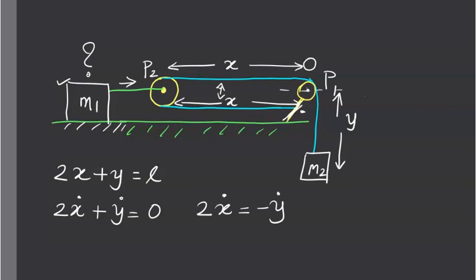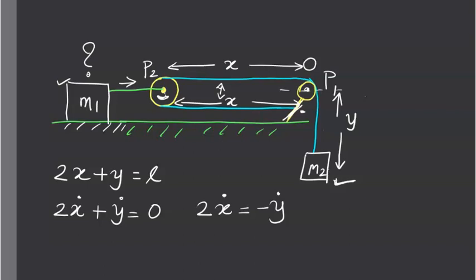So what do we infer from this? What we see here is that the position coordinate of pulley P2 is x, and for mass M2 it is y.